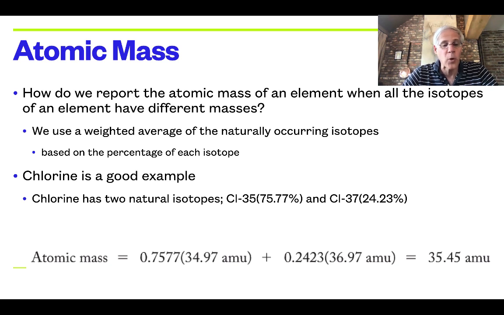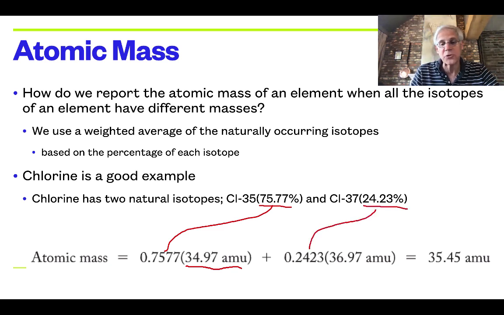atomic mass as a weighted average is we convert that percentage that we have here, 75.77, into a decimal, so 0.7577. We take the atomic mass of that isotope, so for chlorine 35, it's 34.97. For chlorine 37, we have 24.23%, so that's our 0.2423, and then we would need to find the atomic mass of that isotope, and it turns out it's 36.97.